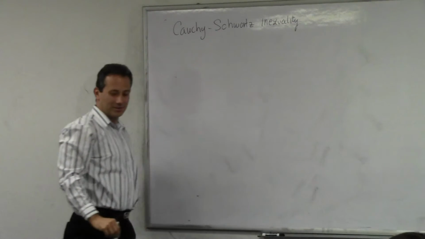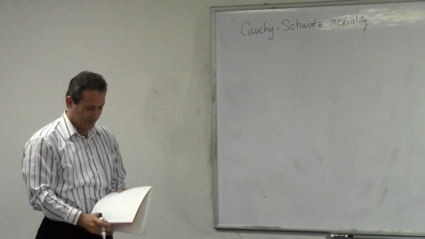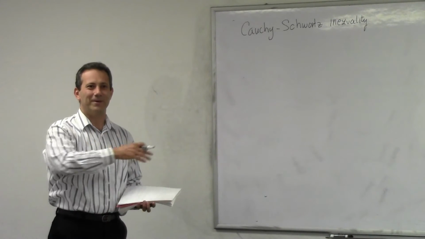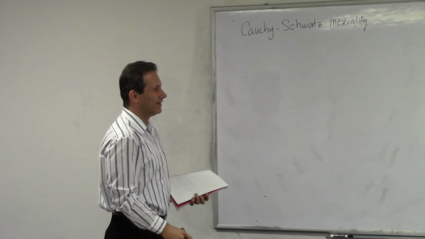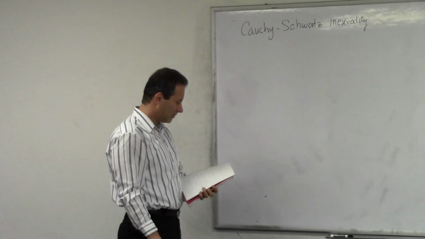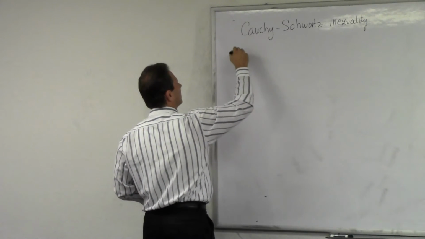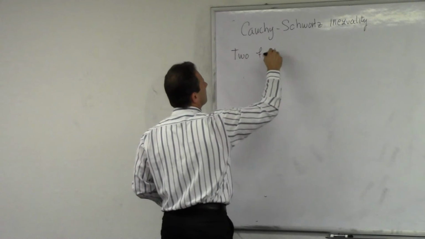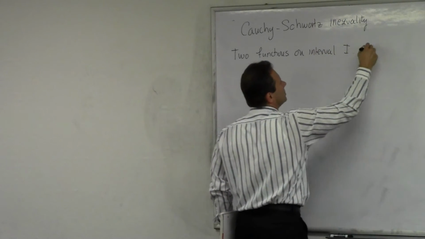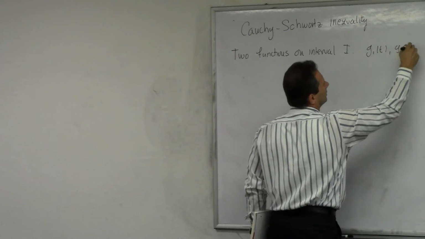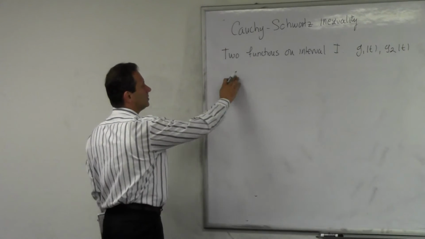Let me go through it, and then I'll show you. It's your old friend. You know it from elementary school, you just didn't call it that way. Let me state it here, and then I'll show you where it shows up in elementary school. We have 2 functions on interval I, G1 of t and G2 of t, just arbitrary functions on this interval.